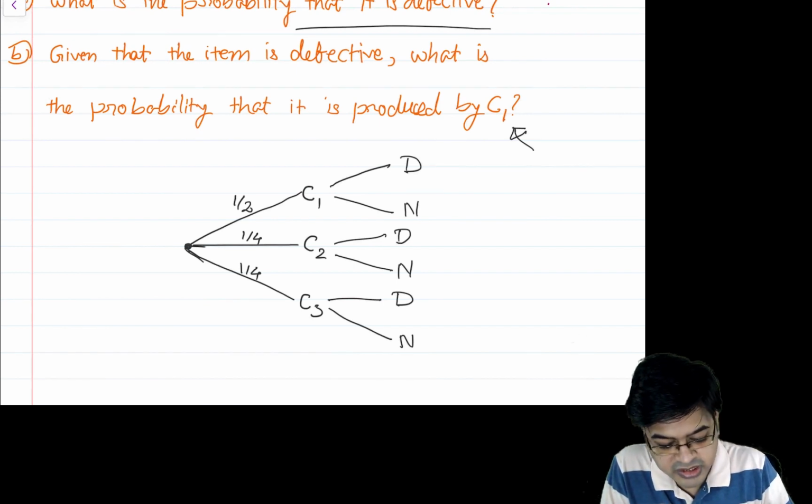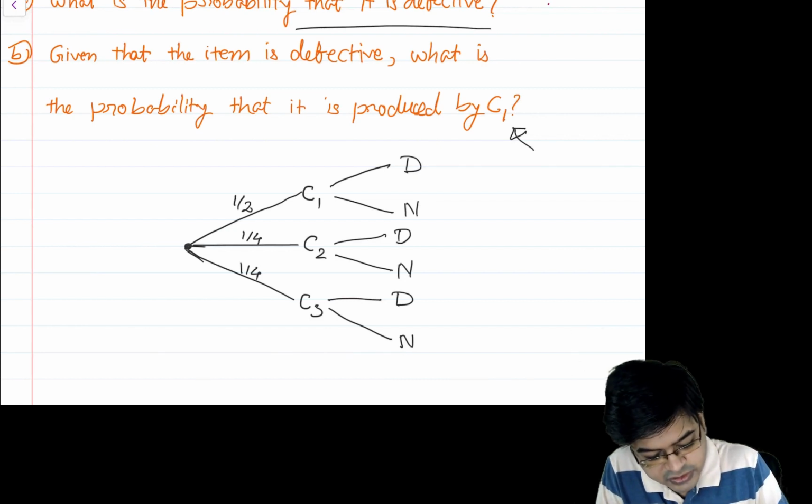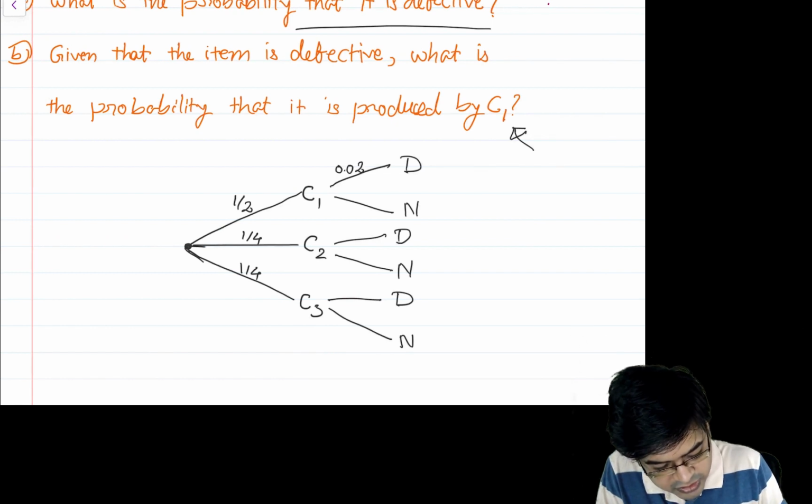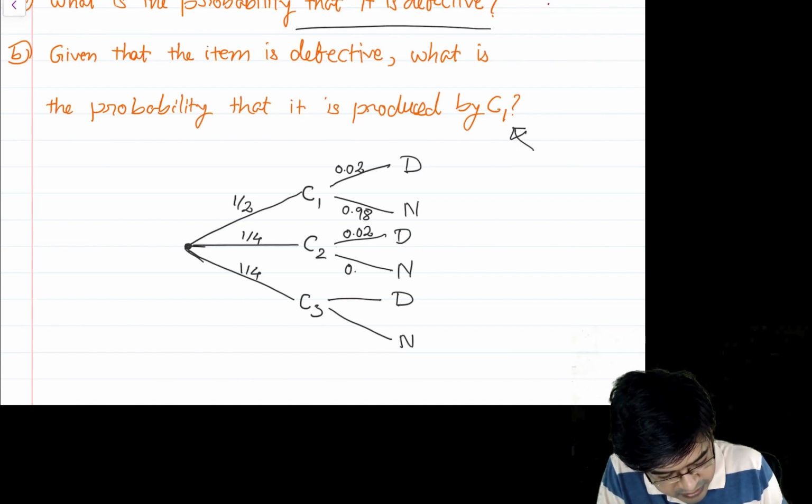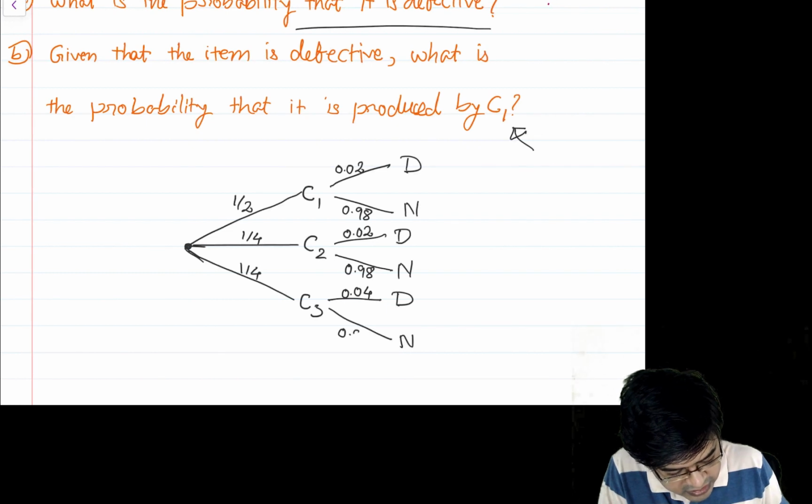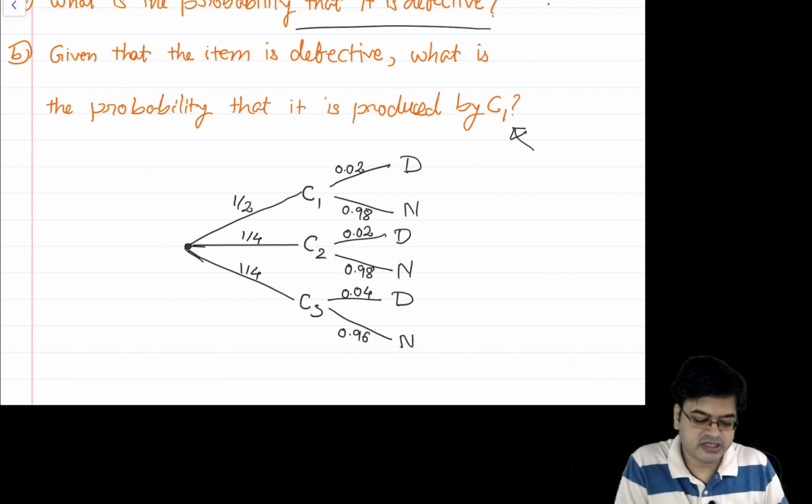So the probability of defective given C1 is what I will write on this branch, that is 2% defectives, so I will write this as 0.02. The probability of non-defective items supplied is 0.98. In a similar manner, C2 also supplies 2% defectives and 98% non-defective items. C3 supplies 4% defectives and 96% non-defective items.